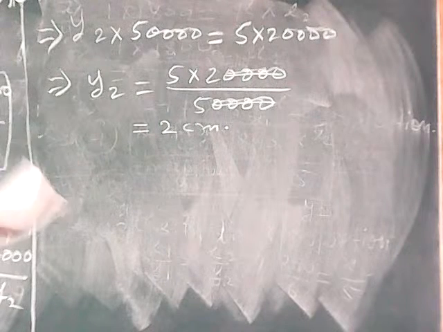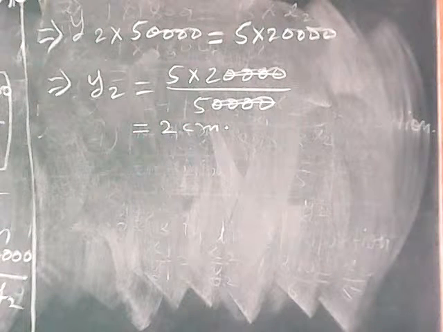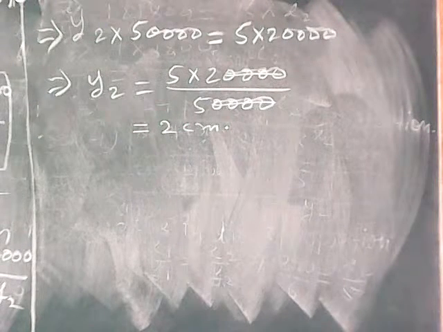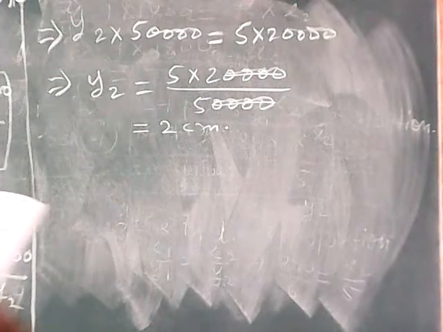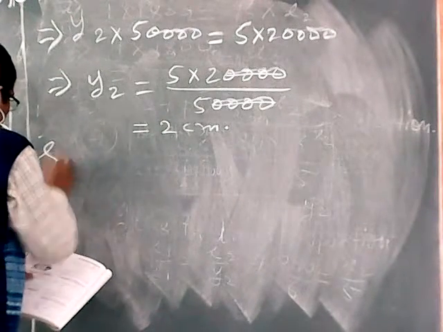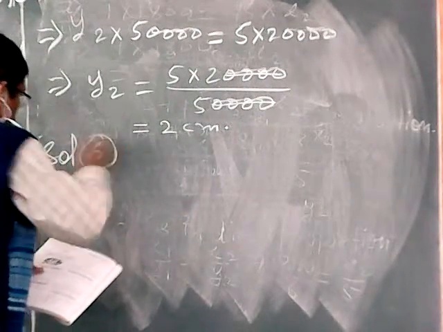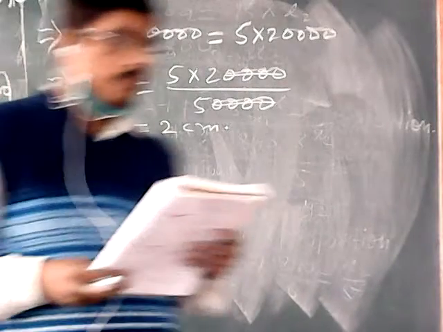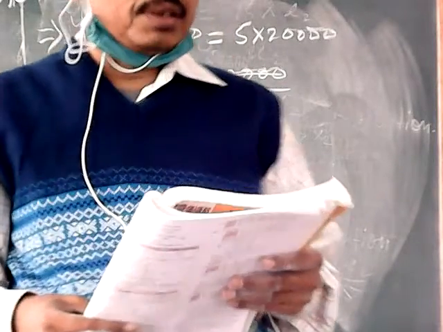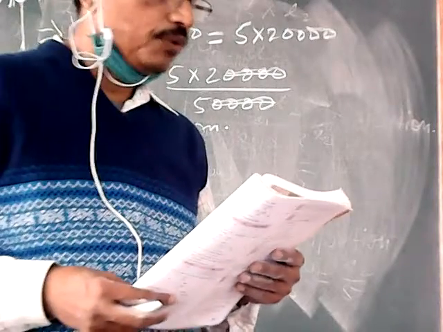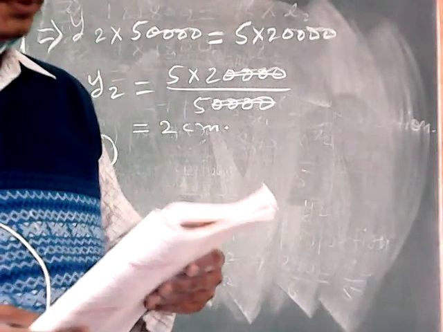Now let's come to question number 6. In a model of a ship, the mast is 9 centimeters high, while the mast of the actual ship is 12 meters.